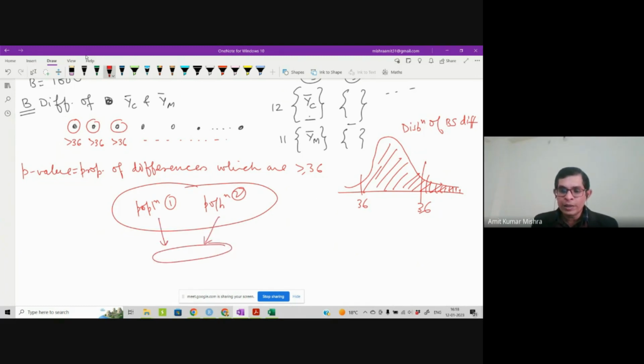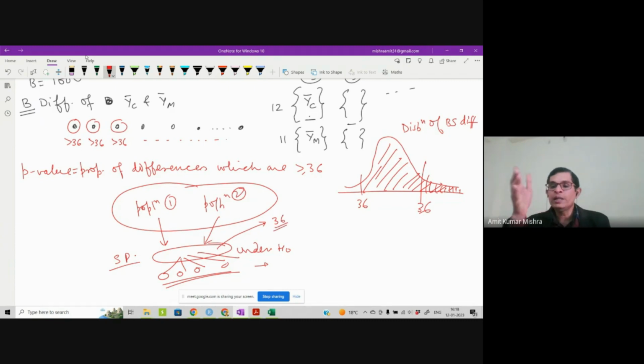Now under H0, this is a single population, and from this single population we find the bootstrap samples. From those bootstrap samples, we find the distribution of the test statistic in which we are interested. Based upon the original data, we find the value of that, for example, 36, and we find the proportion of bootstrap statistics which are bigger than or equal to 36.